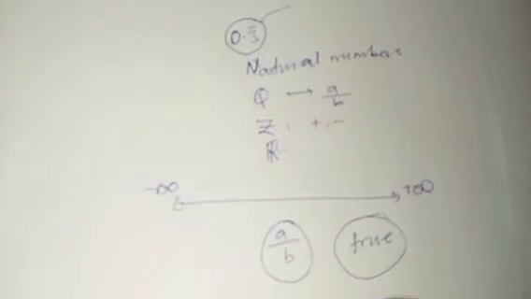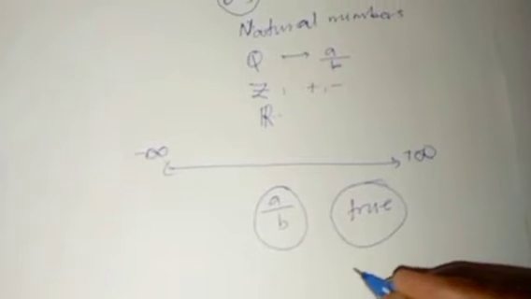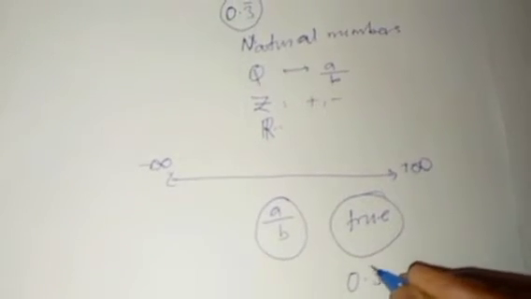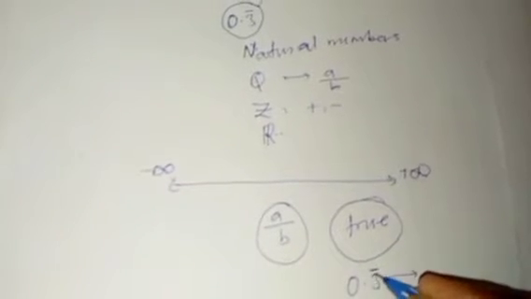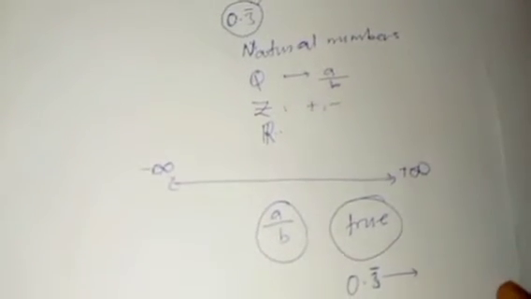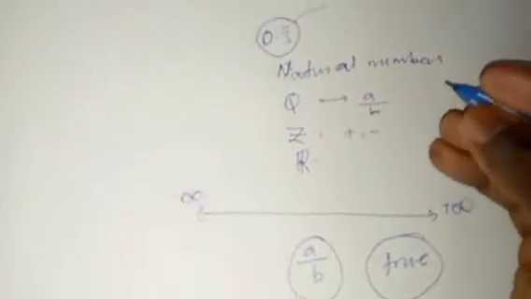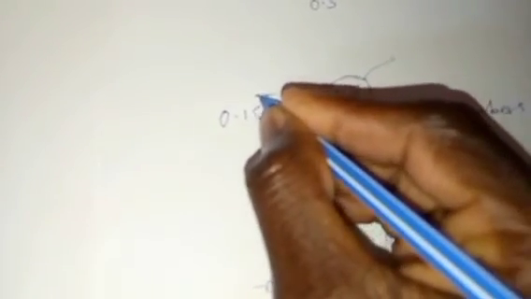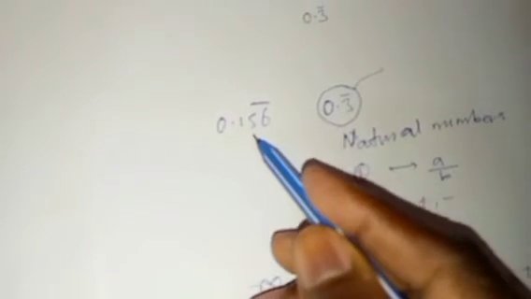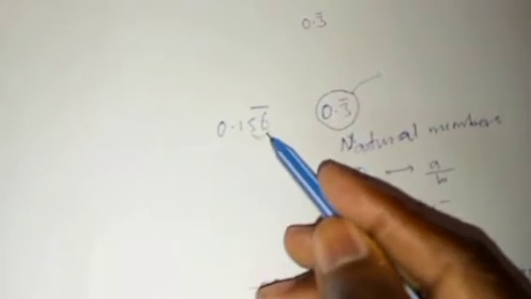So how are these written? We can have 0.3 with a bar, which simply means that the numbers following after this number all have 3. We can also have, maybe, 0.156 where the bar is just on these two numbers, which implies that the repeating numbers after these are 5, 6, then 5, 6, something like that.